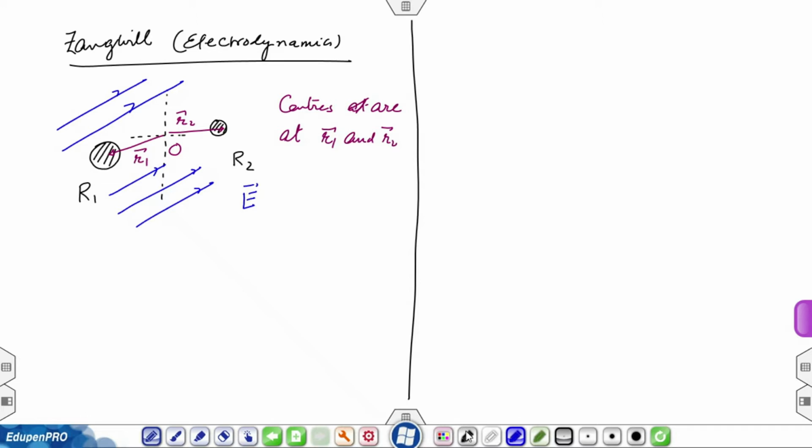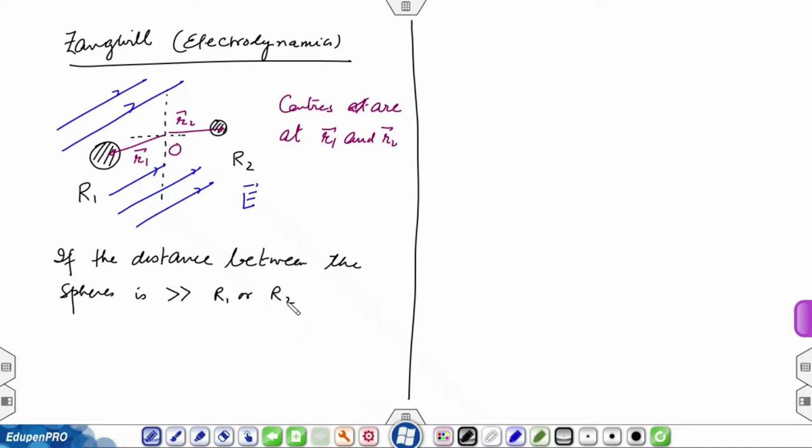Then, the question is, if the distance between the spheres is much larger than r1 or r2, we will use this approximation, and what are the charges on the two spheres.